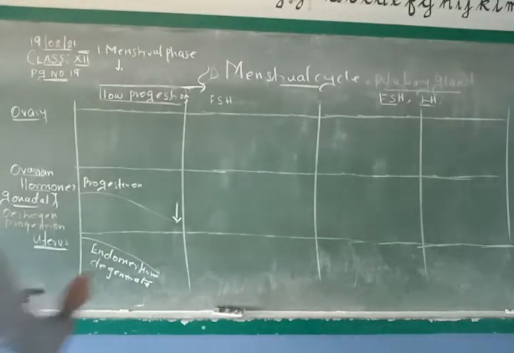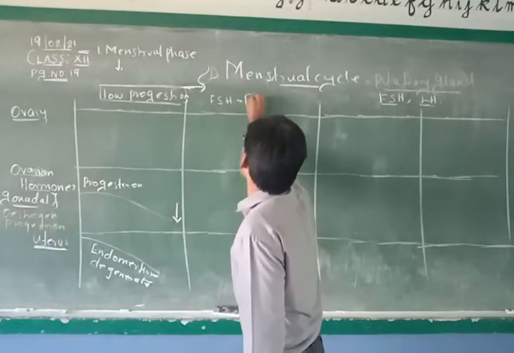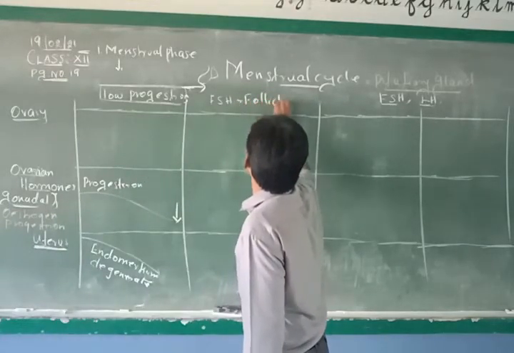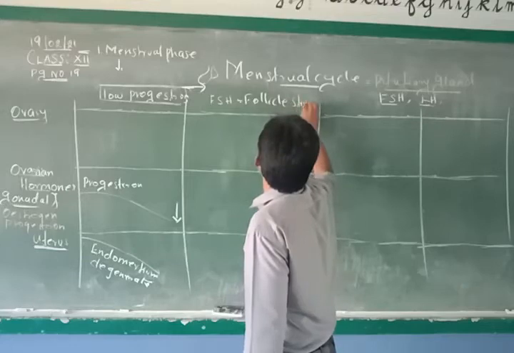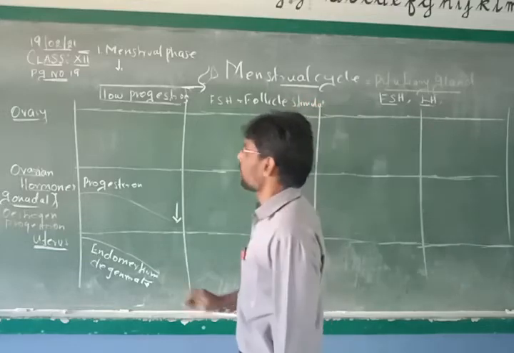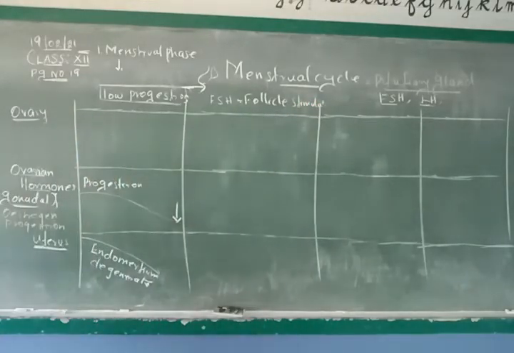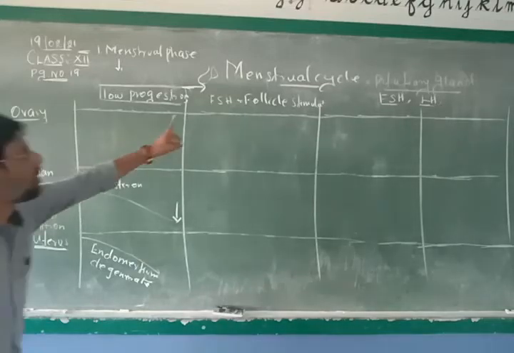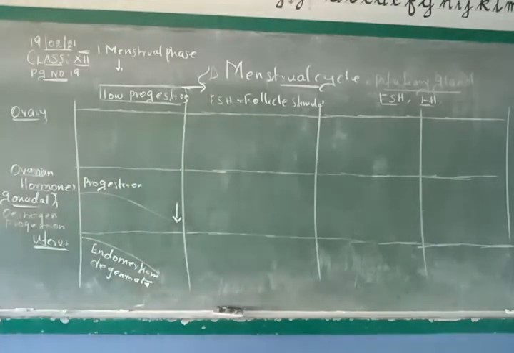If it is called follicle stimulating hormone, will there be follicles inside the ovary or not? No, because only now is the follicle stimulating hormone synthesized and secreted.